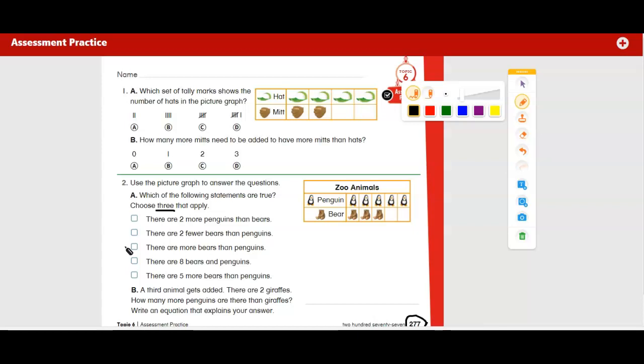The next statement says, there are more bears than penguins. Look at the picture graph and see. Are there more bears than penguins? If that statement is true, then you will fill in the bubble. If it's not true, then you will leave it blank.